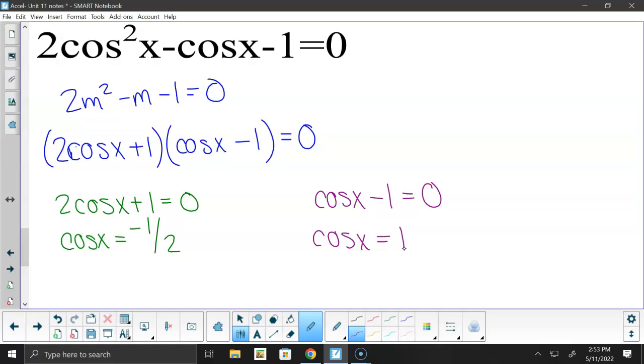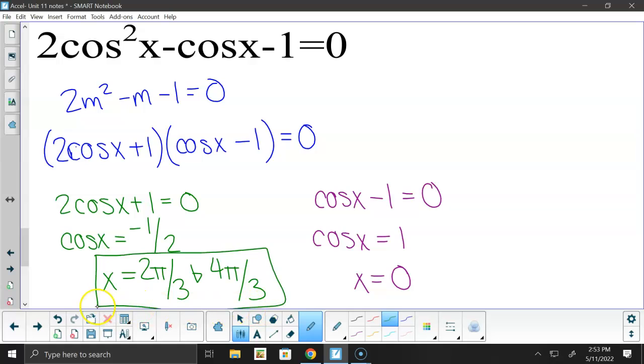Can I solve for those trig values? So this one is at x equals 0. This one over here is at x equals 2 pi over 3. And 4 pi over 3. Do you guys kind of see why I was like, you have to know your unit circle?